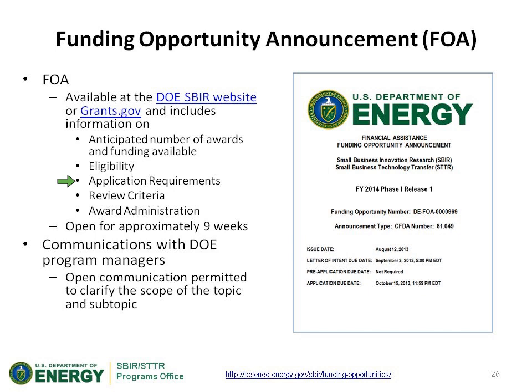All of that information is contained in the funding opportunity announcement. We also describe how we're going to review your application and details associated with administering your award. And again, this is typically open for about 9 weeks. And again, until you submit your application, you are still permitted to talk with the DOE program managers about the topic areas.